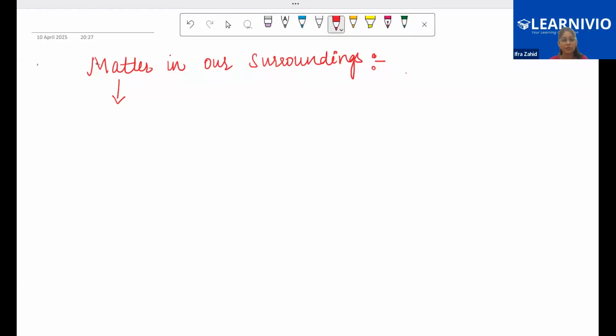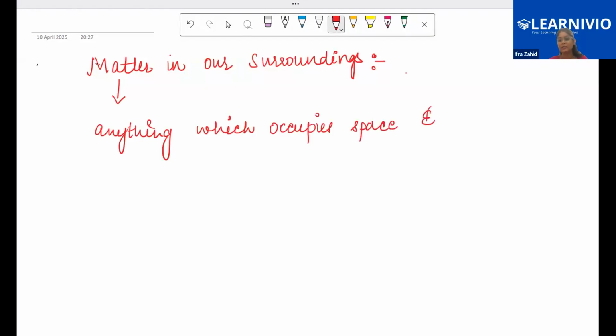Okay, it takes some space. Yes, ma'am. So anything which occupies space. And there's one more thing you should add, has some mass. It's very important. Okay, my bad. I didn't hear. It's called matter.